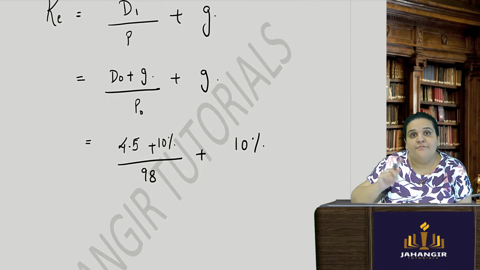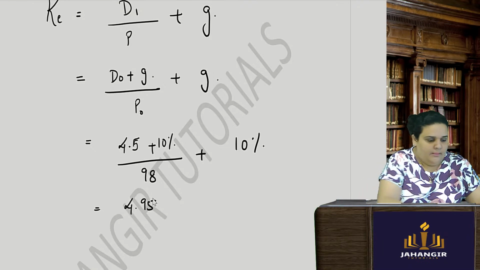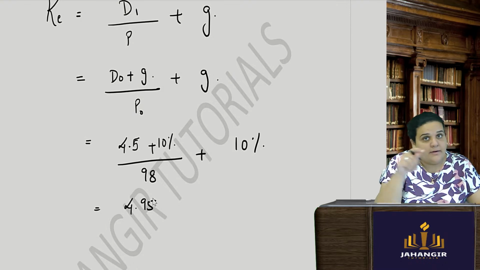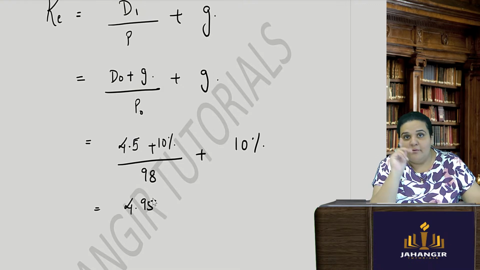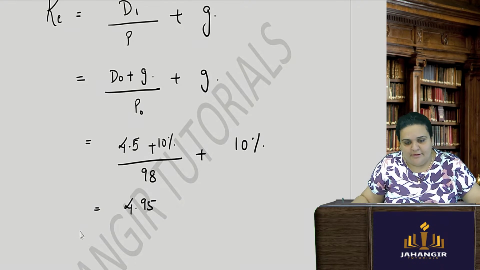Now 4.5 plus 10%, if you do it, will come to 4.95. 4.5 was my current dividend, D0, and I want D1, so D1 has to come with that growth factor. So plus 10%, you will get 4.95.